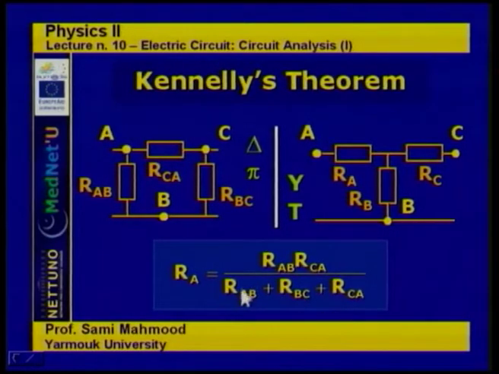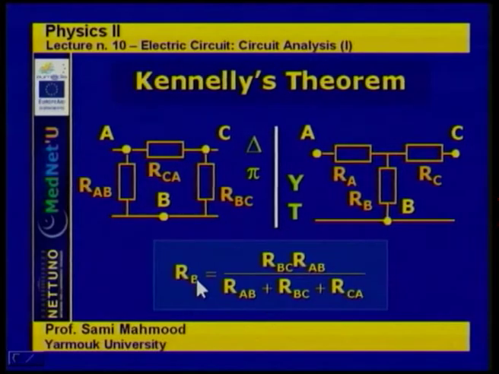Notice that in the determination of RA, RB or RC, this sum is exactly the same. Notice also that if we are calculating RA, we use the resistors attached from A to the other 2 points, AB and AC.